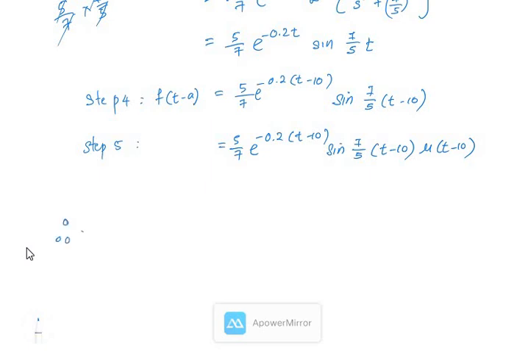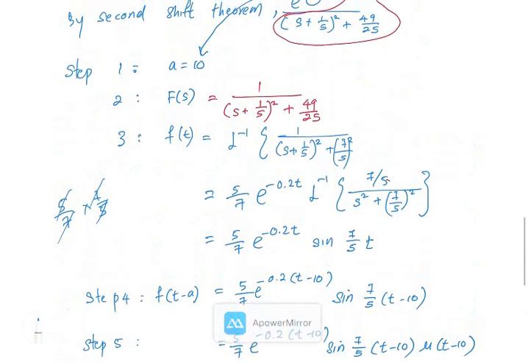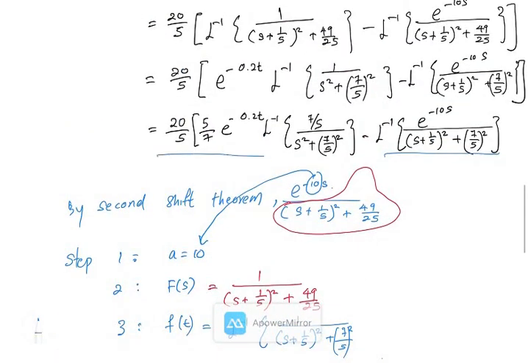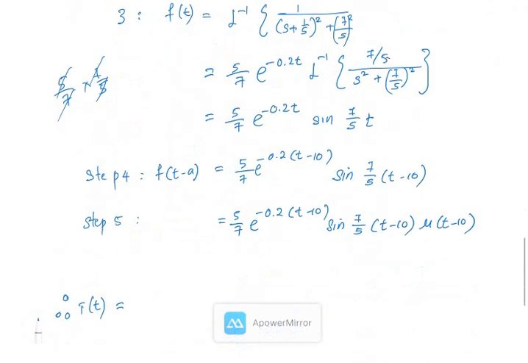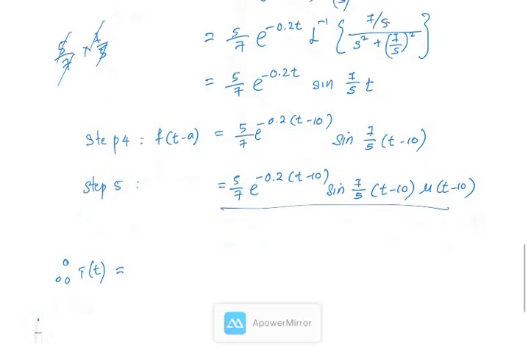So therefore, the i(t) that we can obtain is, starting from here. For the first part we copy it down from here, and the second part you get the answer from here. So therefore you have 20/7 exponent negative 0.2t sine 7/5 t minus 20/7.